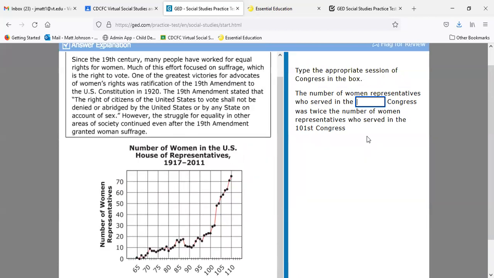So what we need is the number that's going to be twice the number that served in the 101st Congress. So it's going to be on this far end. So does it mean it doubles? Yeah, we want a number that's close to double.